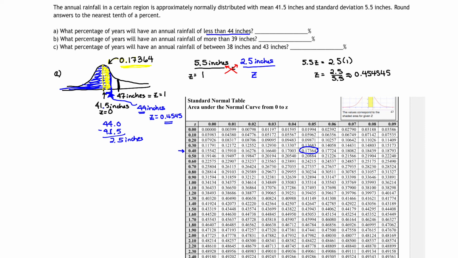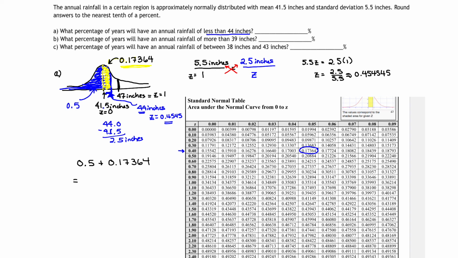But what do we know about the area on an entire half of my graph under the curve? Well, the area on the side completely on this half is exactly 0.5 because it's half of the area under that curve. So that's 0.5. So if I want to get the total area that's less than 44 inches, I need to take 0.5 and add to it 0.17364.